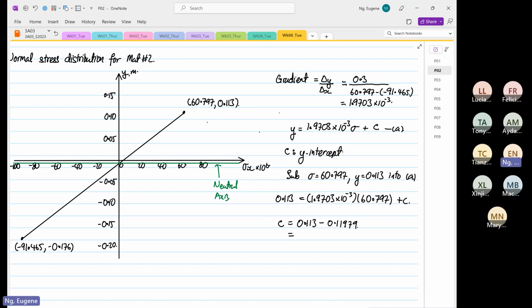So y is 1.9703 times 10 to the power minus 3 times 60.797, which gives 0.11979, and 0.113 minus 0.11979.